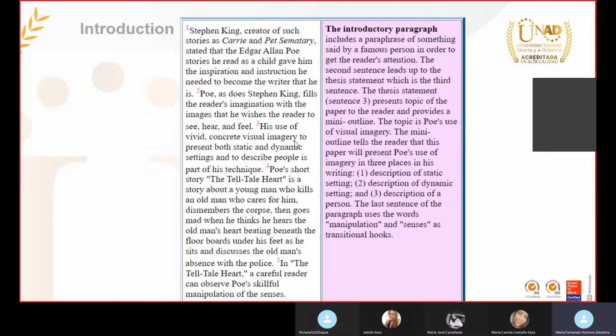So, by this thesis, what is the topic of the essay? What do you think it is? Just say what you think.